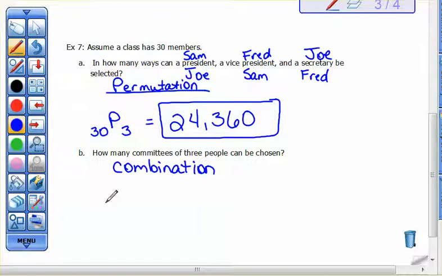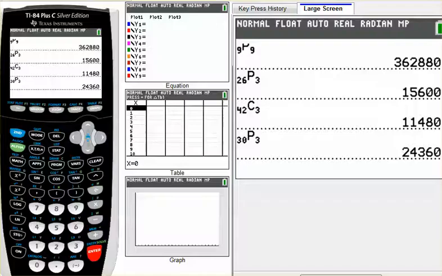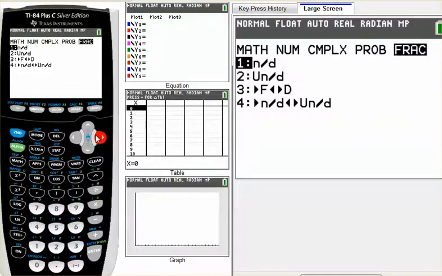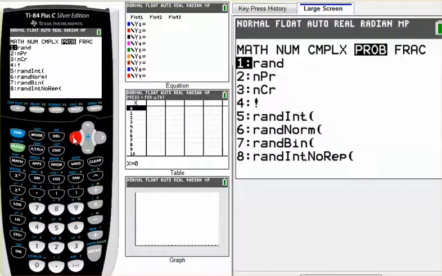Our N would be 30 again because there are 30 total class members, but this is a combination and we're picking them 3 at a time because these are 3-person committees. So we go to our calculator and do 30, math, arrow over to probability. Oops, went one too far.